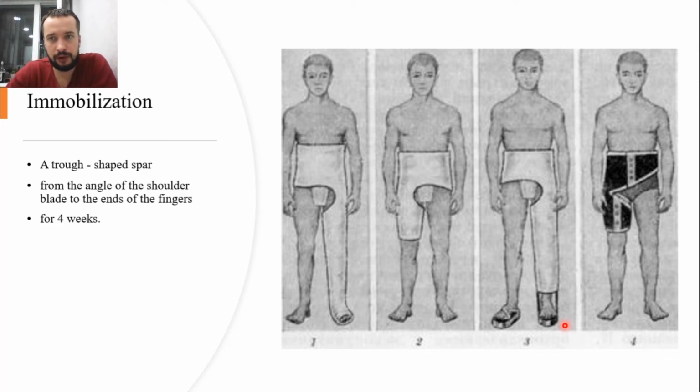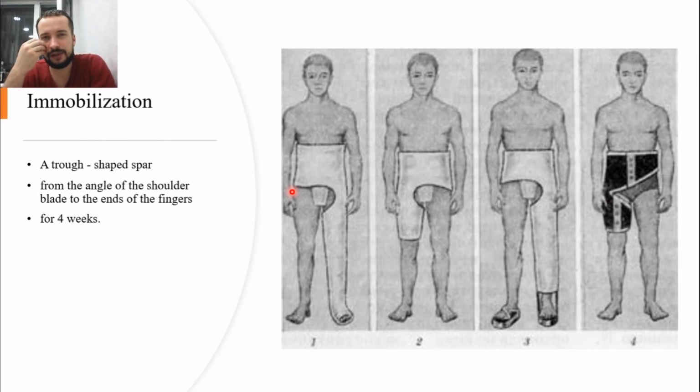Now we will talk about immobilization of the hip. After the hip is set, the limb is immobilized with a plaster splint from the angle of the shoulder blade to the ends of the fingers for 2 weeks. Yeah, and there you can see some types of this immobilization.